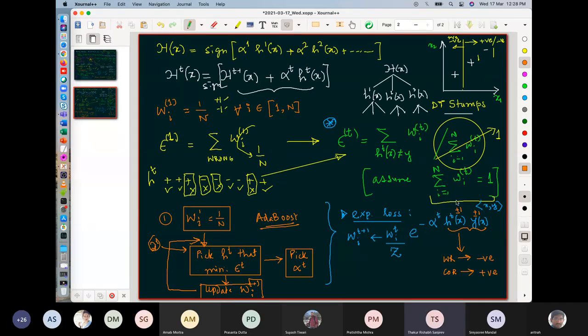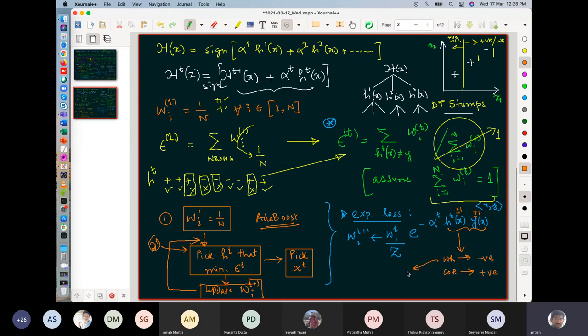Which means, now see the beauty of this update, we want to exaggerate those points which are making error in the tth time step. If I have a wrong classification of those points, it will be e to the power positive alpha_t, isn't it?